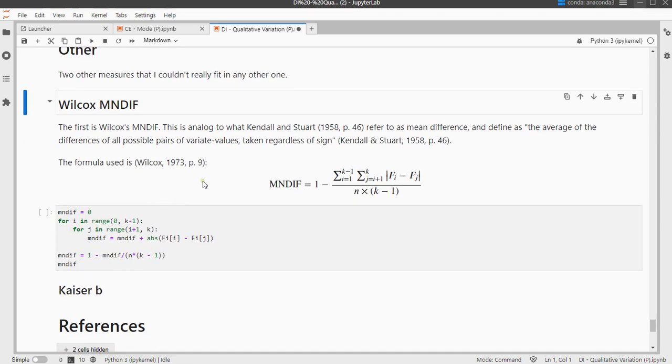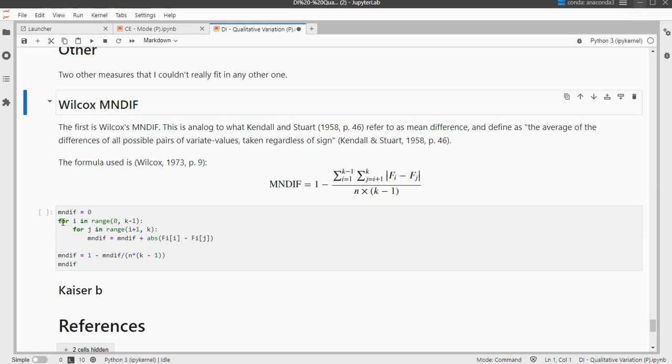There's Wilcox mean difference. It actually goes over all possible combinations of frequencies for each category, subtracts the two from each other, takes the absolute value and sums all of that.